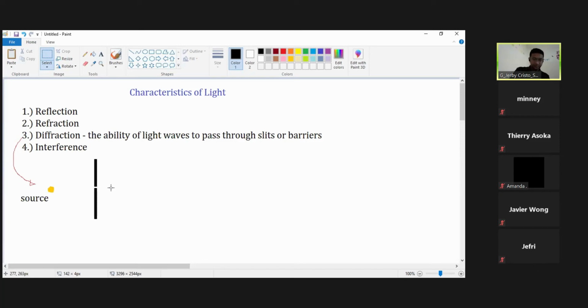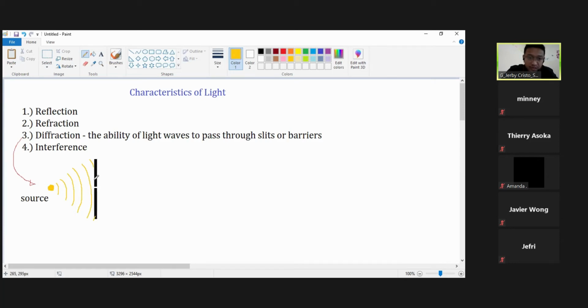Now, let's say here are the wave fronts, as we describe light as a wave. So let's say this is the wave front emitted by the source. When this wavefront strikes a barrier, the barrier will be acting as a surface. So what will happen?